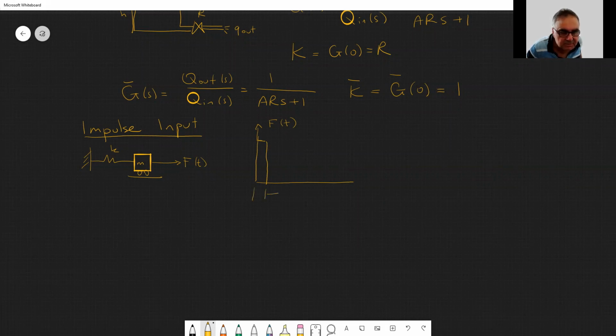This is time, t, and this is, let's say, the amplitude f0. So this is the input to the system. You put a force, like hit it with a high amount of force for a very short time and observe the response of the system.